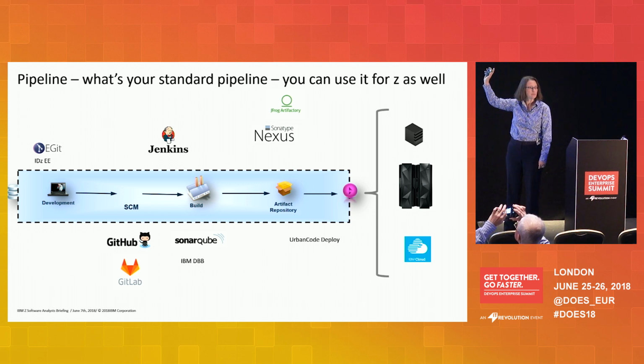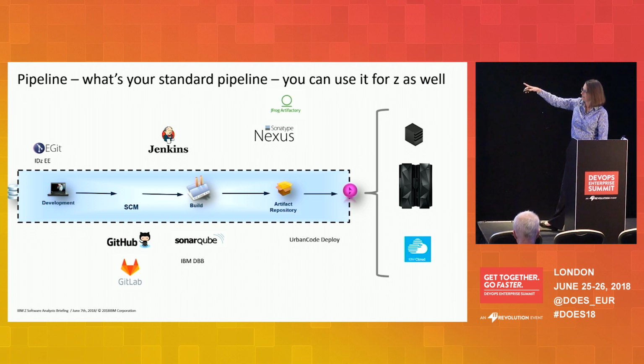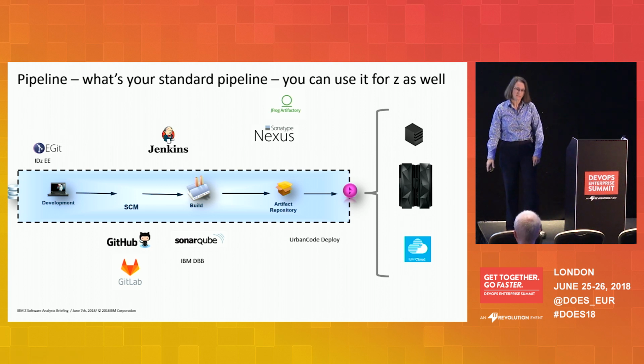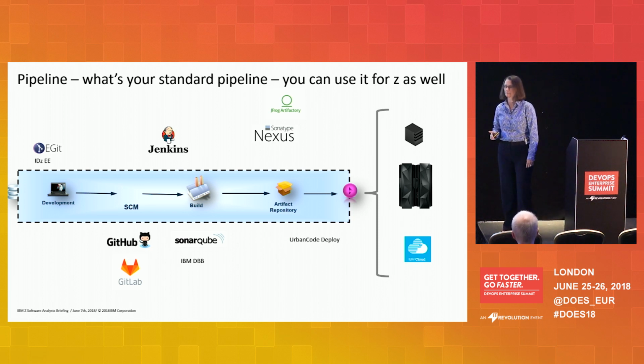And so I have a sample pipeline that we demonstrate all the time that has the eGit client sitting in Eclipse with all the editors I need. We have one with GitHub and we have one with GitLab, actually. So we have Git as an SCM, and then we have IBM Dependency Based Build, which happens to be a product, which is really groovy, running on z/OS, with some extensions to allow you to do things you really have to do on z/OS, as the build tool.